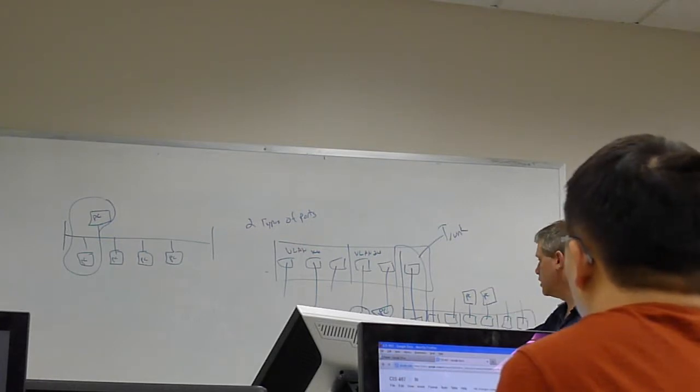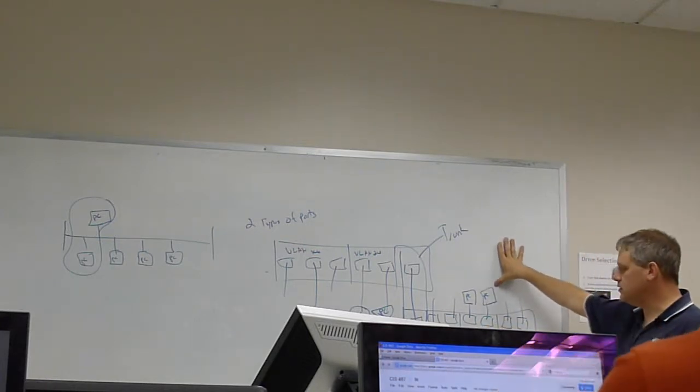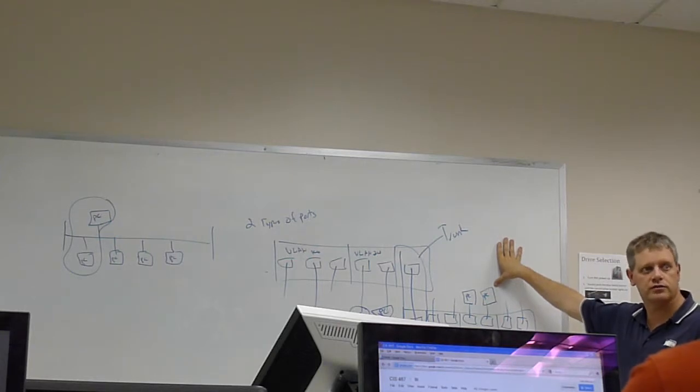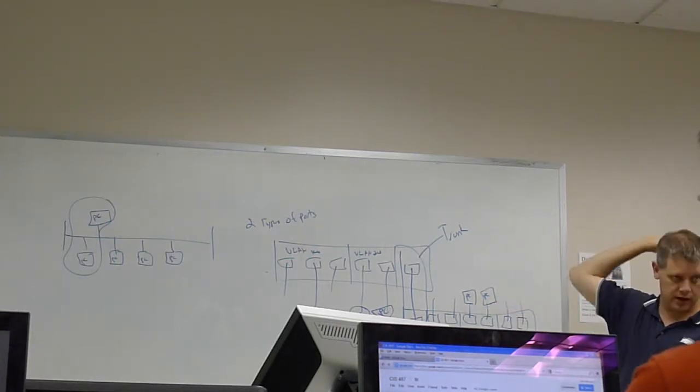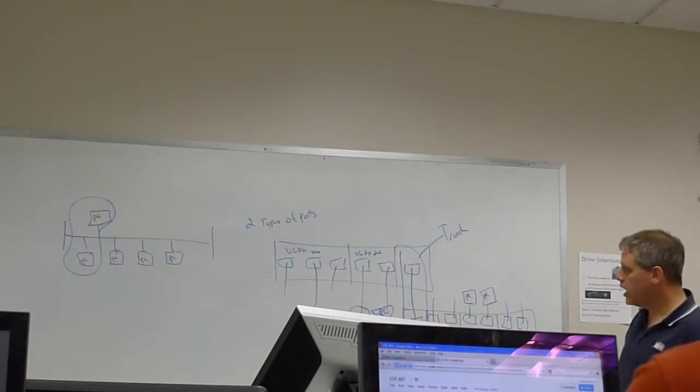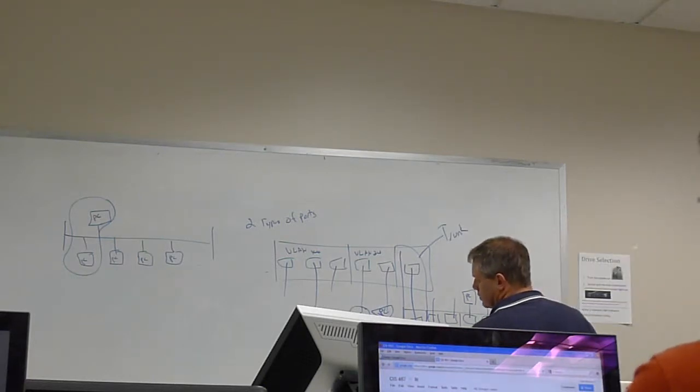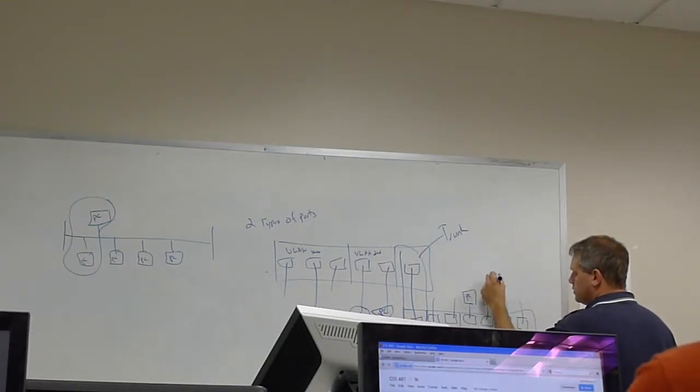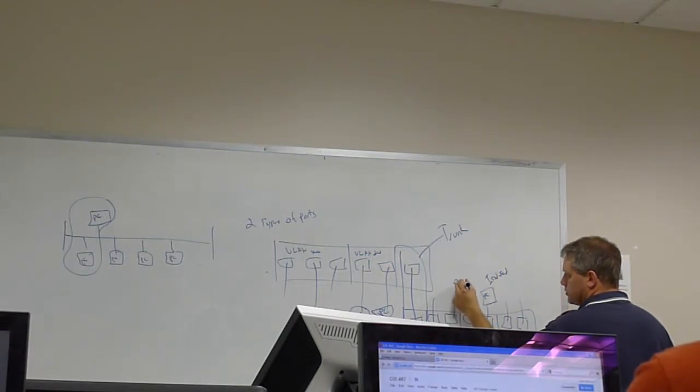Alright? I only want this PC to talk to the router port. Okay? And I want this PC to talk to everybody. I can make these a community, this isolated, and this promiscuous.